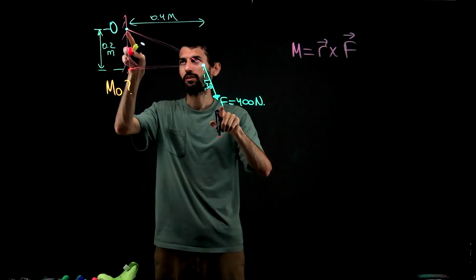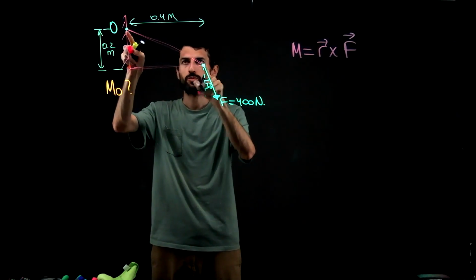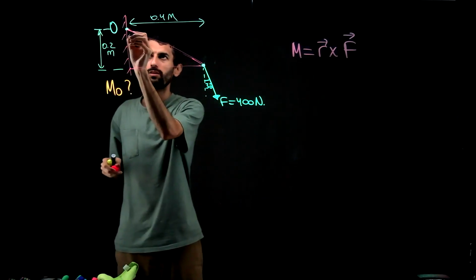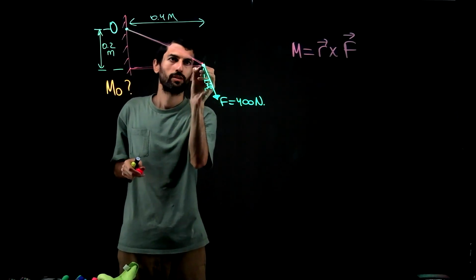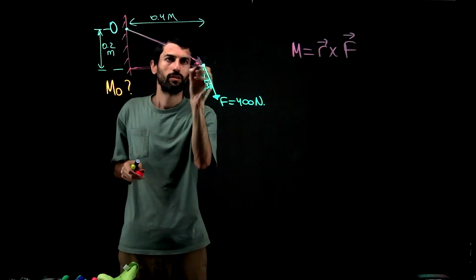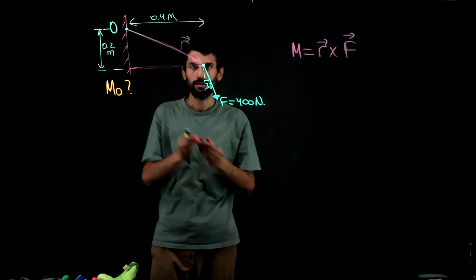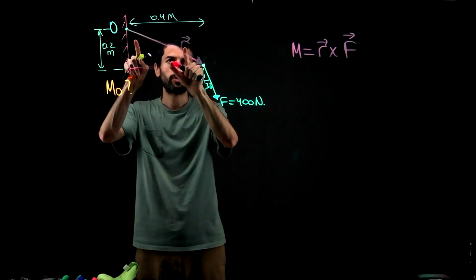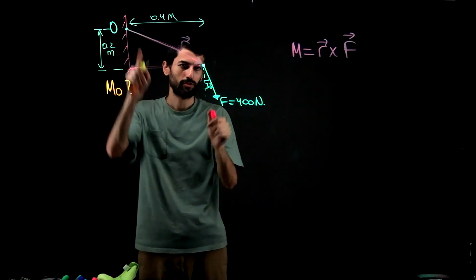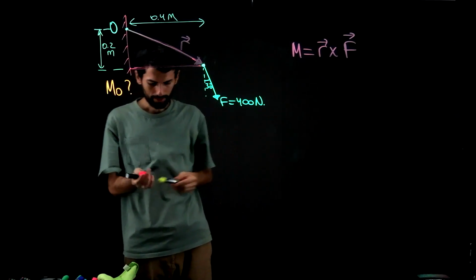So I have the R here from that point to this point, and then I need to find the cross product between this R and that F. Let's do that.